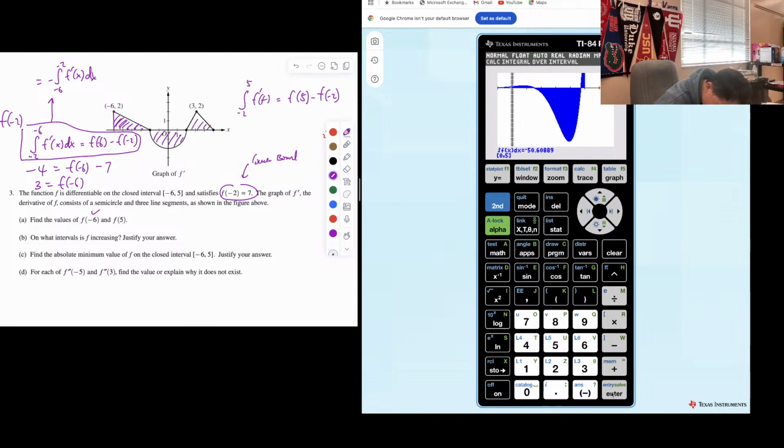So I think it's -2 pi, right? Plus 3 is equal to f of 5 minus f of -2, which is 7, right? So it'll be 10 minus 2 pi. Is that okay?